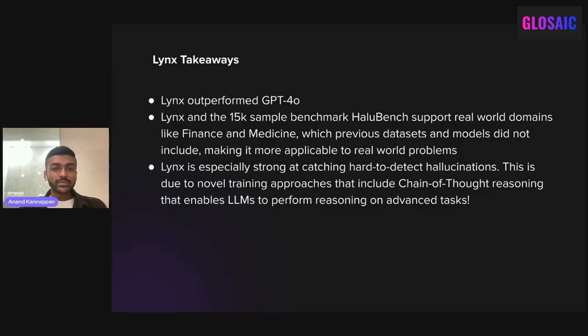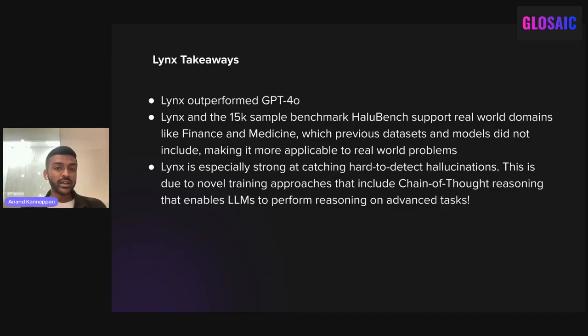And so I thought I would just conclude on LINX itself. Like I mentioned, there's the 8 billion and 70 billion parameter models. We have multiple versions of them, so I definitely recommend the most recent versions. We benchmarked it against the large-scale 15K sample benchmark HalluBench, which covers practical use cases. In particular, LINX is great not just for explainability, but also for catching really hard to detect hallucinations.